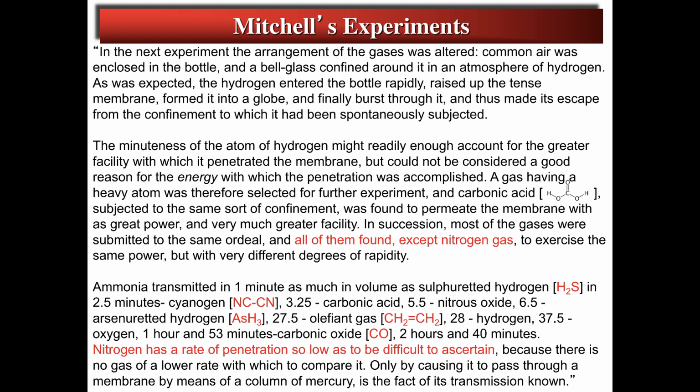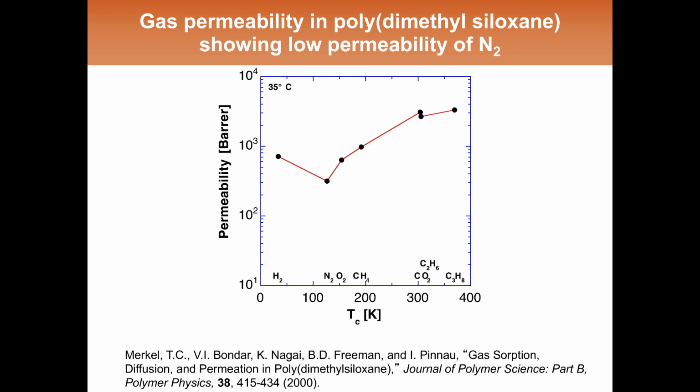And if you come forward now and look at permeability, which is a measure of how rapidly gas molecules can transmit through a membrane at steady state, and we'll go into more details about that a bit later. But essentially, for many polymers like polydimethyl siloxane or silicone rubber, you see that nitrogen has the lowest permeability of all of the gases considered.